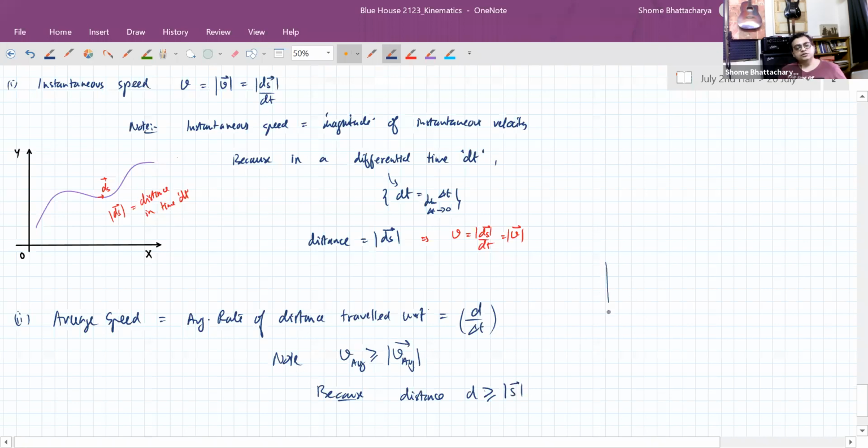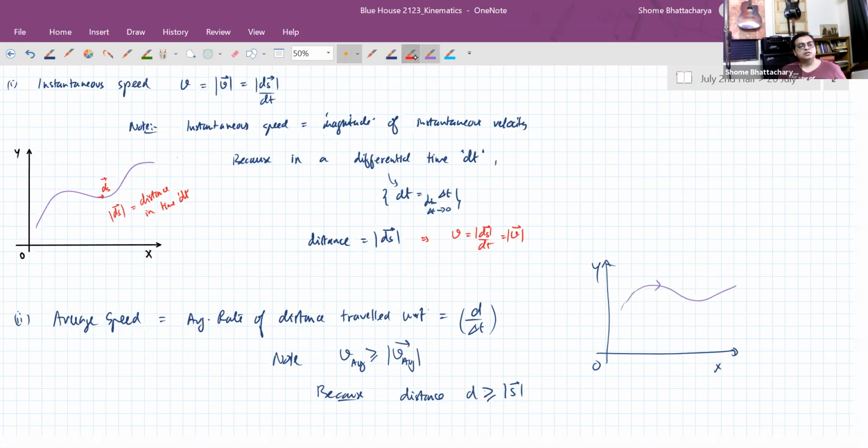So once again, if you're visualizing an object or a particle moving in whatever path over a broader range of time, let's say it was here at time t, and now it's here at time t plus delta t.